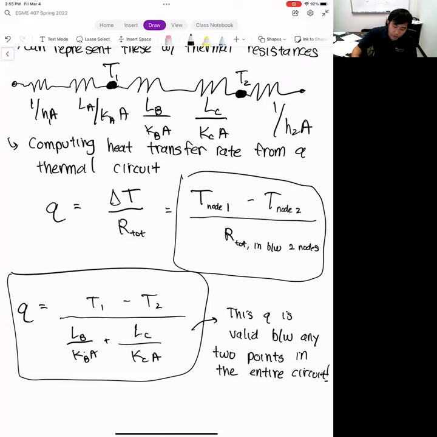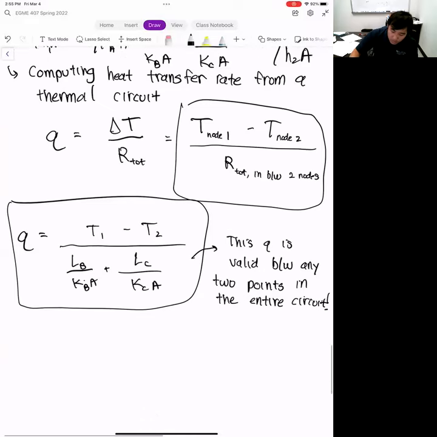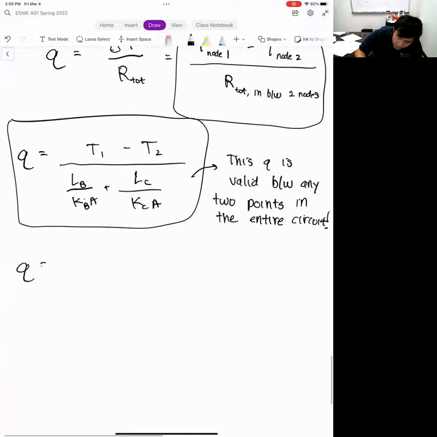And so if we were to compute the Q between the very end, T infinity 1, and T2, it would be the exact same Q. So this Q would be equal to T infinity 1 minus T2.